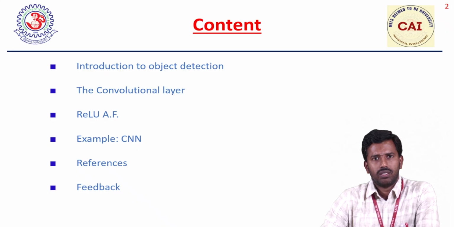This is today's session agenda: introduction to object detection, the difference between template matching and automated feature extraction using filters through CNN, the convolution neural network, the convolution layer, different kinds of layers which are supported in this CNN model, and the activation function. Mainly I'm choosing a ReLU activation function, where it takes negative values as 0, and then example tracing, followed by the references and the feedback link.